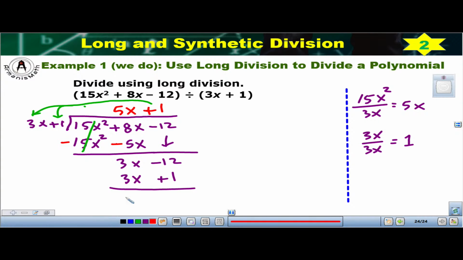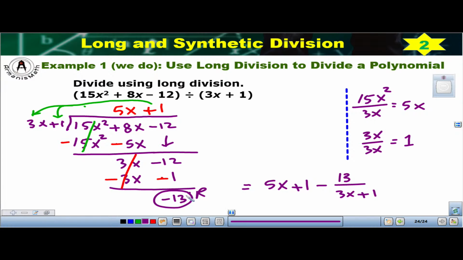You're welcome. Okay, so back here I change the sign. Here's negative, and here's another negative, and that goes away, leaving me with negative 13. I circle that and put it as a remainder. So the answer will be 5x plus 1 minus 13 over the divisor, 3x plus 1.